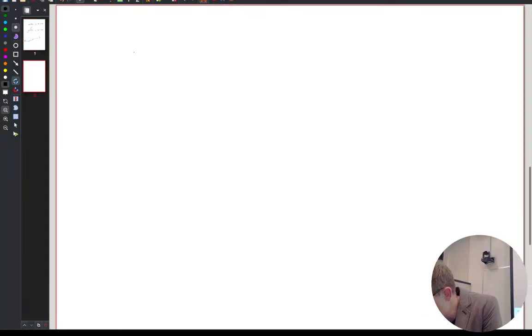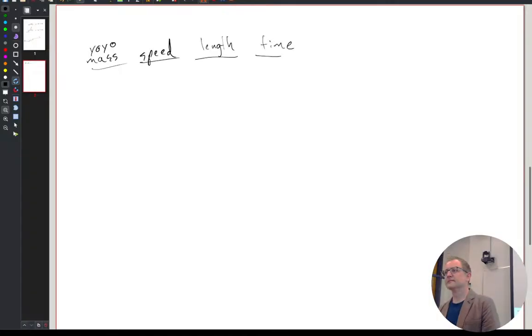There we go. Speed. And now we can just keep track. So 0.1 kilogram, 100 radians per second.